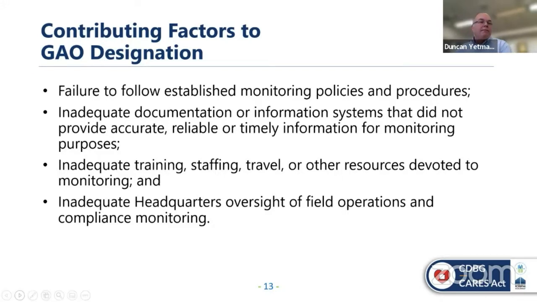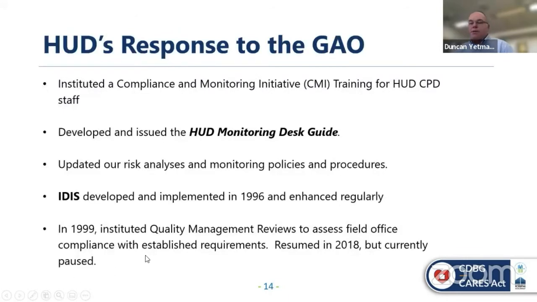What HUD did was establish the following guidebooks, handbooks, and systems in response to the GAO. IDIS, for instance, was developed and implemented in 1996. And since that time, it's been enhanced regularly.